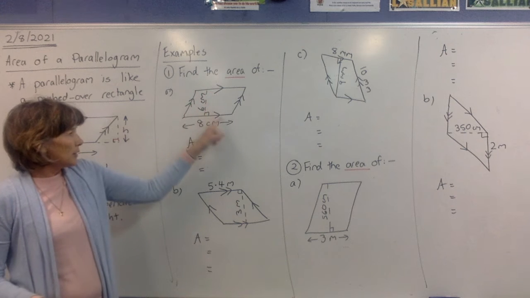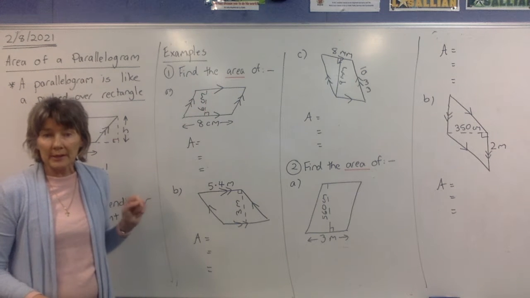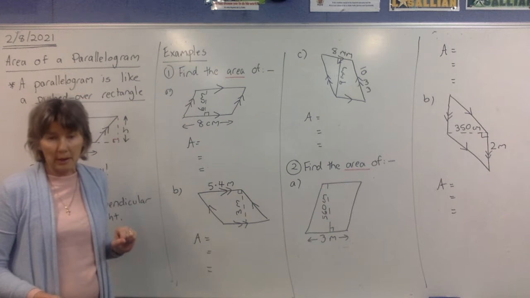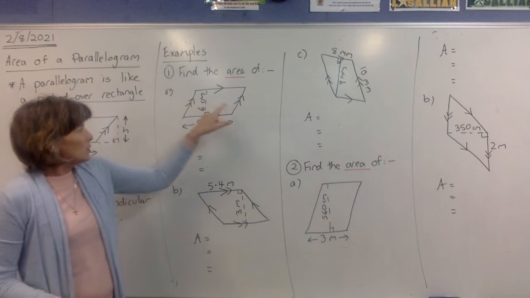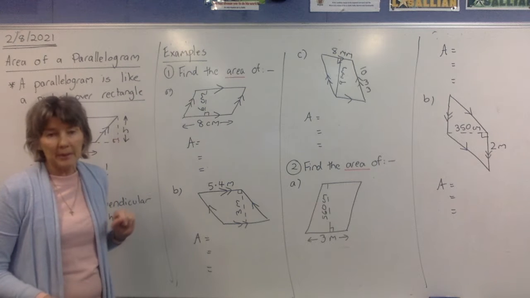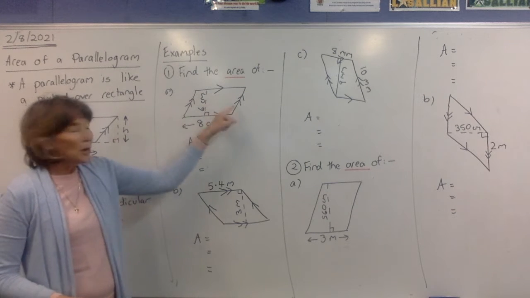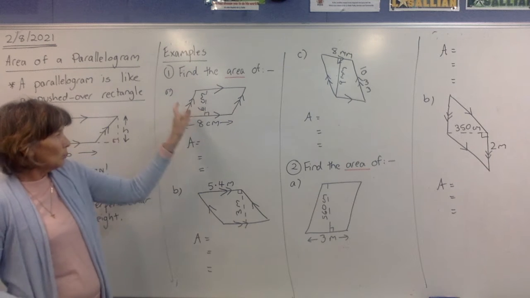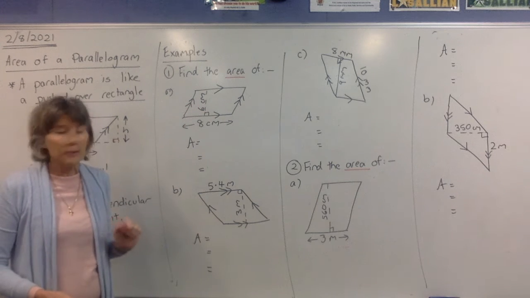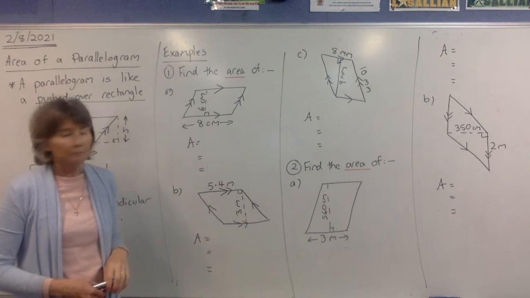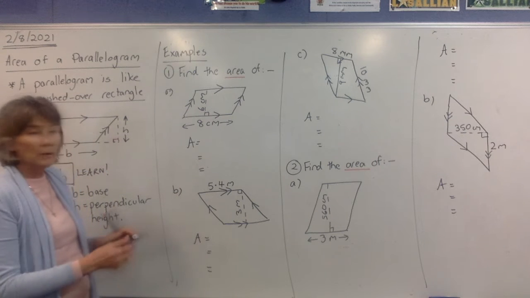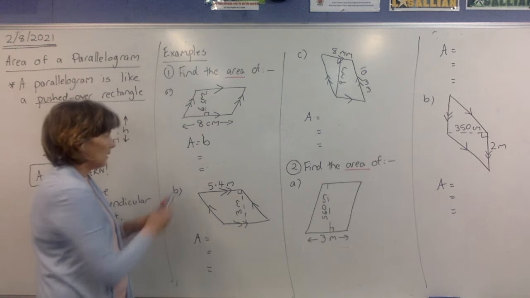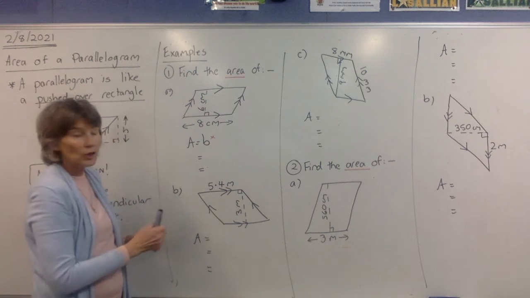One single arrow pointing in the same direction means we have one pair of parallel sides. These double arrows pointing in the same direction indicate that those two lines are parallel. So if we've got two pairs of parallel sides, we have a parallelogram. Okay, so we know it's a parallelogram, so we know that the formula is A equals B times H.